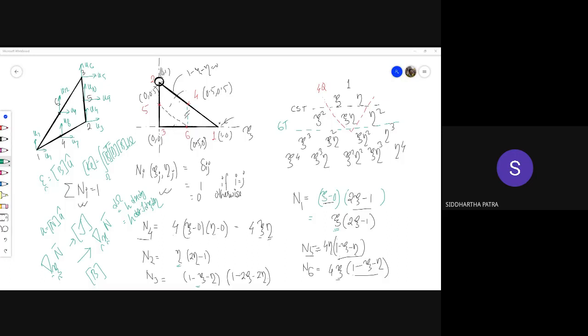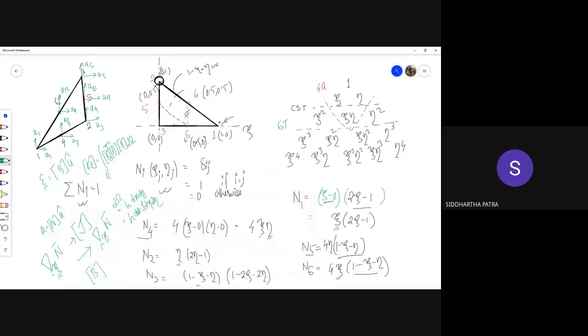For the six-noded triangle element, on the 1-2 side xi is zero, so eta is the only coordinate.